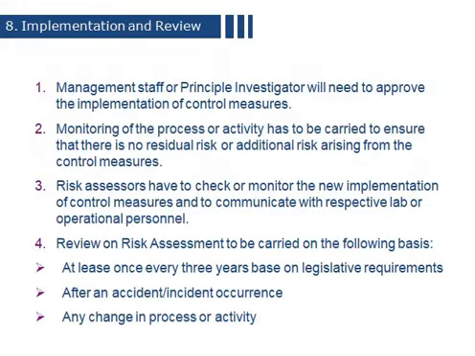The last step in the process would be the implementation and review, which should be done regularly by management. Usually, the review of the risk assessment has to be carried out on the following basis: at least once every 3 years, after an accident or an incident occurrence, and whenever we make changes in the processes or activities.